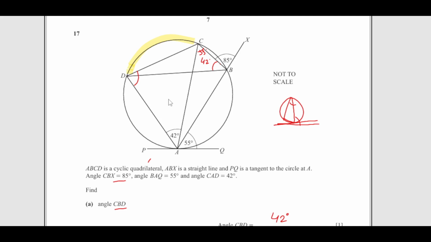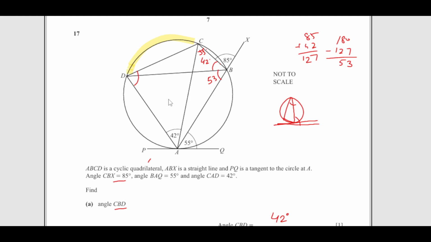So let's see. This one is 85. Okay, so we can calculate this angle, right? This angle is 85 plus 42, which is 127. So 180 minus 127, this is going to be 53 here. So this angle is now 53, right? So we have this angle 53.